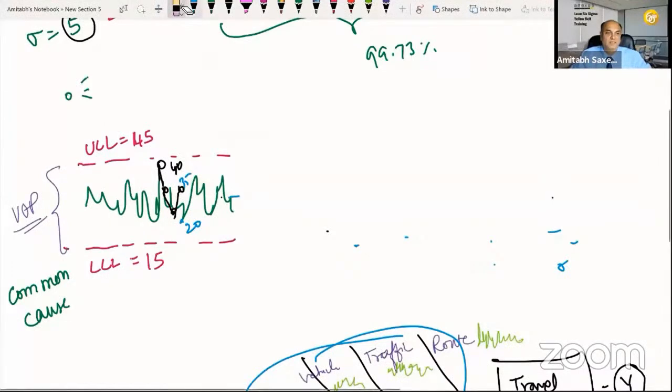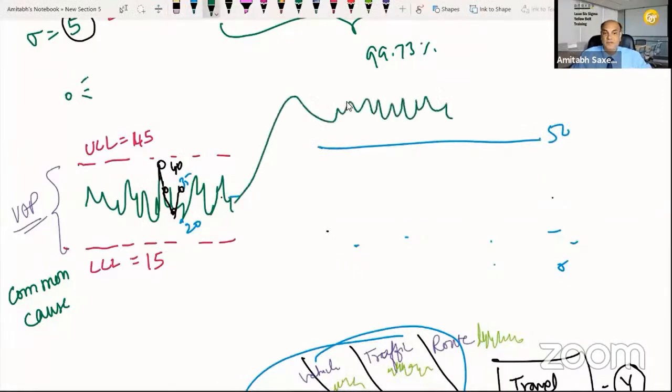So here you'll be looking at increasing the sales above 50, and your effort will be to shift. This takes effort. DMAIC: define, measure, analyze.